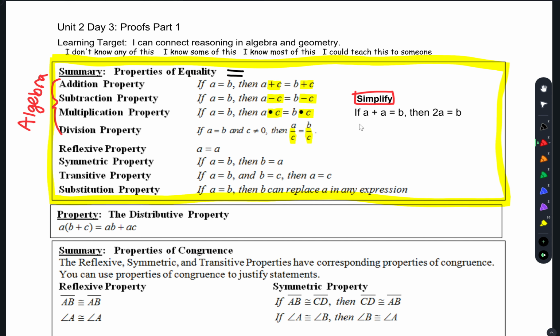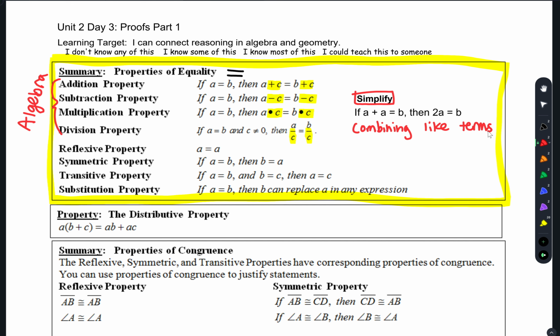This is called combining like terms. So anytime we see something where we combined like terms, that is the simplify property. Any questions there? All algebra topics, just things that we do all the time.